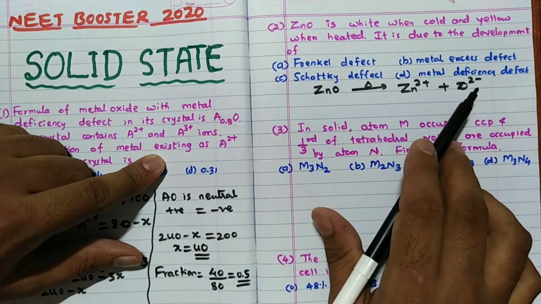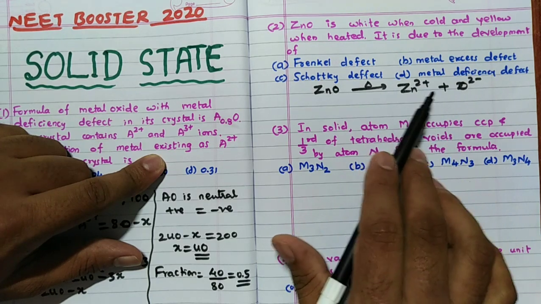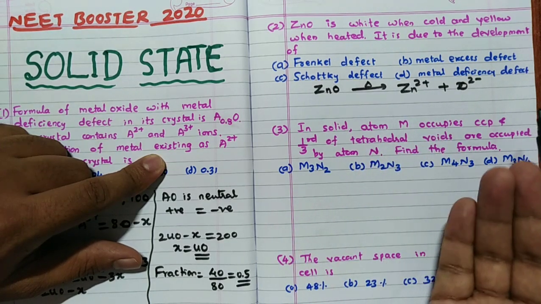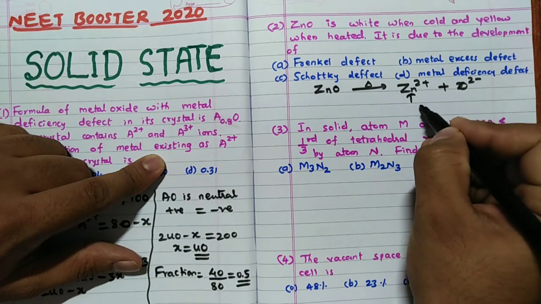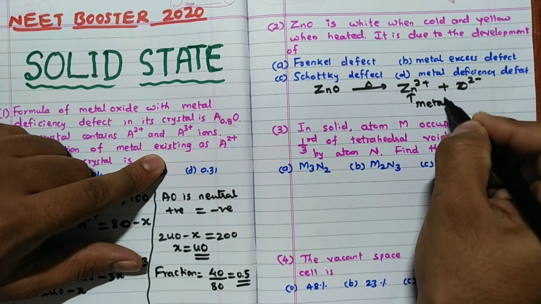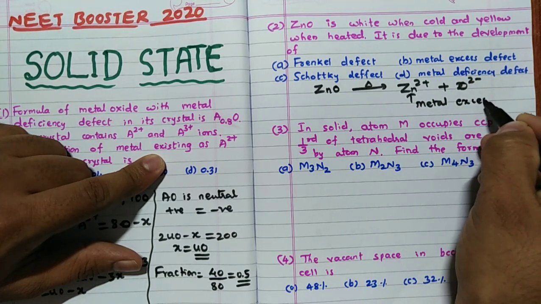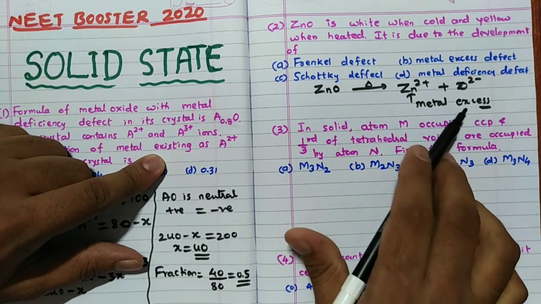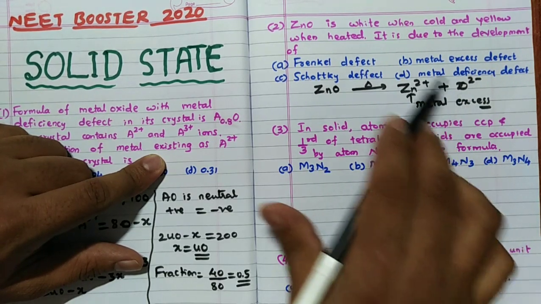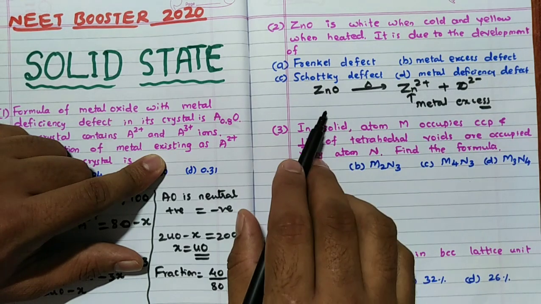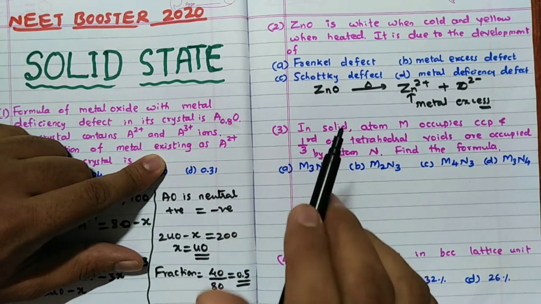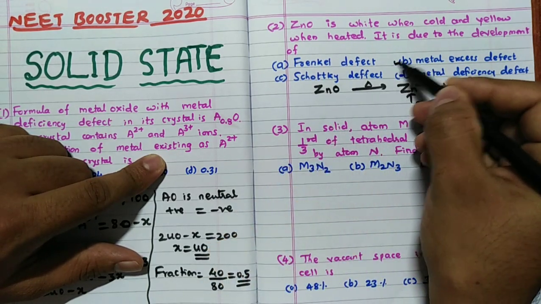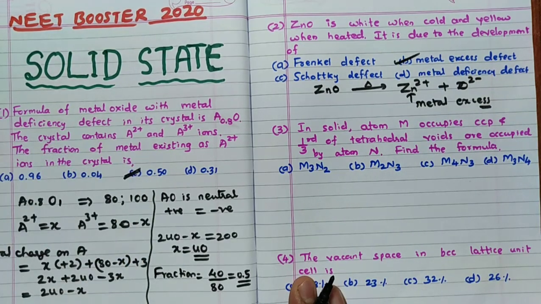When you heat the ZnO crystal, O2- is expelled out. So hence, only Zn2+ is present. This type of defect we name as metal excess defect. Because of the metal excess defect, this zinc will be colored, that too yellow colored. Direct question from the NCERT. So the answer for this is B.